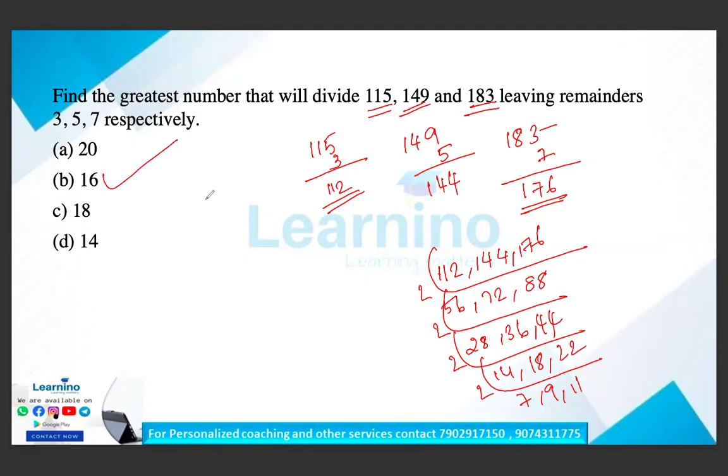HCF is 2 into 2 into 2 into 2. So the answer will be 16.